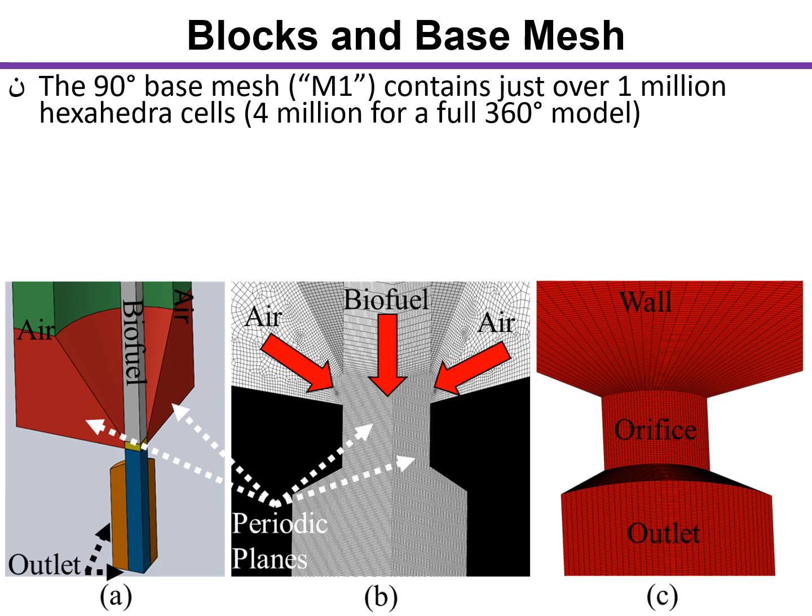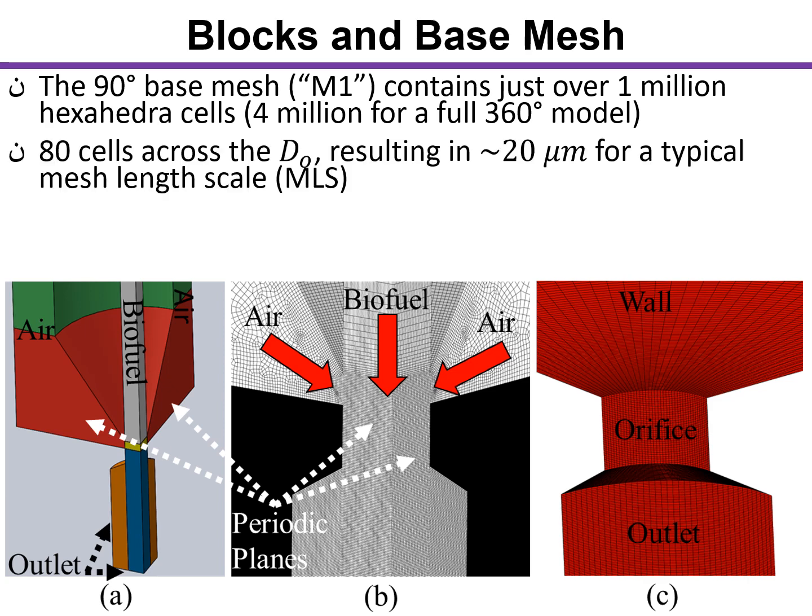And the typical mesh size we're starting with, we call this the base mesh, is M1, about 1 million cells, all hex, almost all structured, but some unstructured, but all hex nonetheless. And that would be about 4 million for a full 360 azimuth. The outside of the mesh is shown on the right, and then center cuts along those periodic planes are shown in the bottom center, and you see the different flows of the materials.